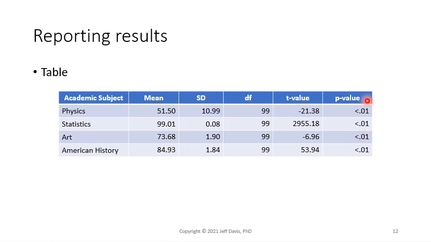As long as these values here are 0.05 or less, we can reject the null hypothesis and say that it's far more likely that these means came from distributions that are not the result of random error.